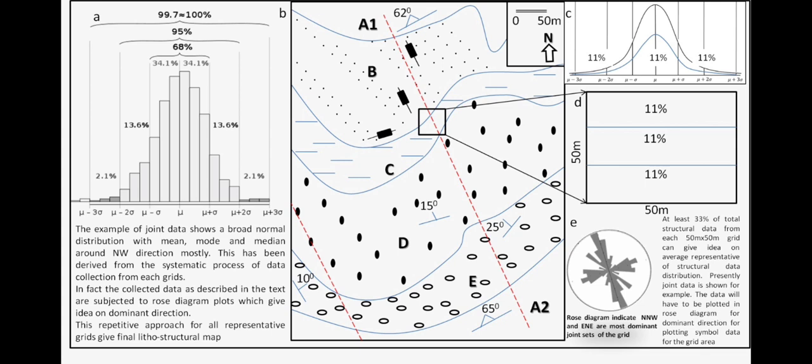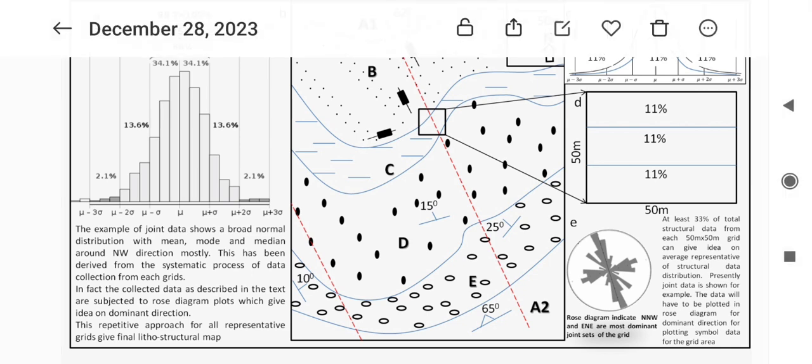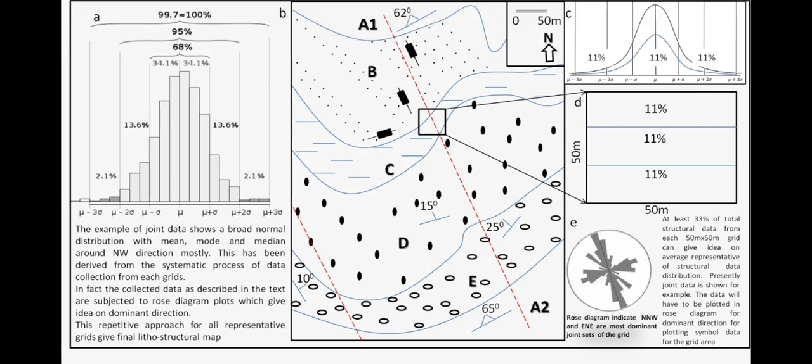So in the case of structural data or any data plotted in the map, statistics must be understood. Everywhere statistics is applicable. Therefore, considering 33% of the data to cover a broad representation of actual features, the data can be plotted in a rose diagram first, which gives the range and modes of data spread.